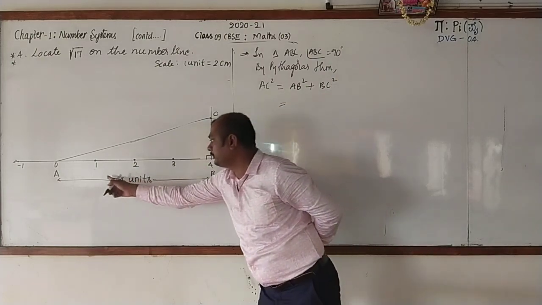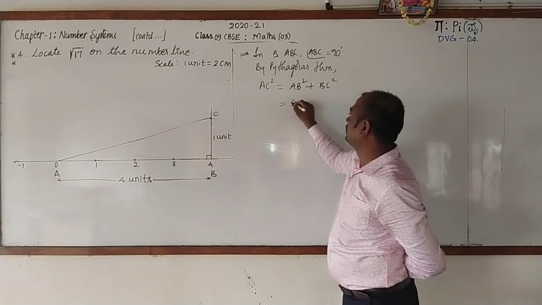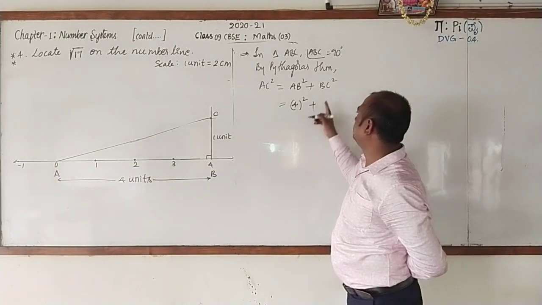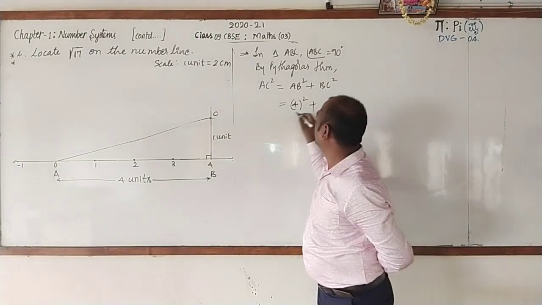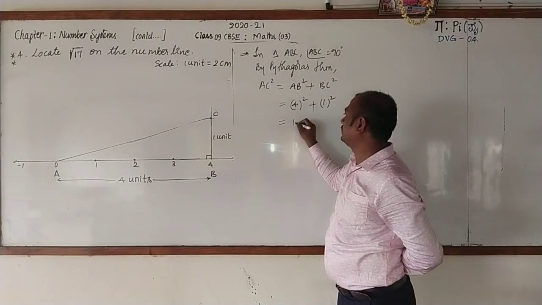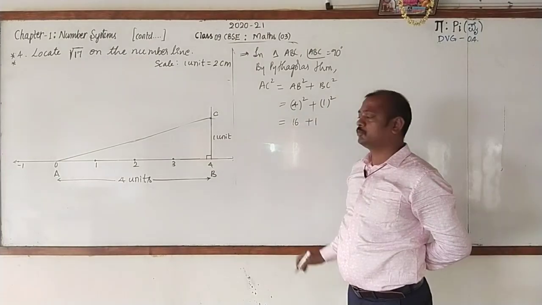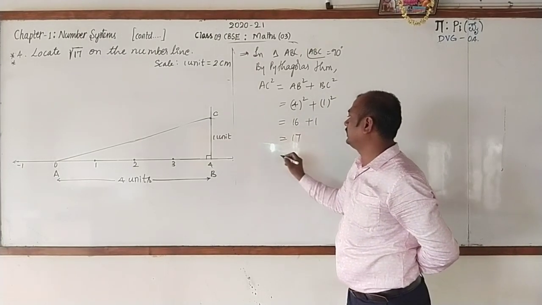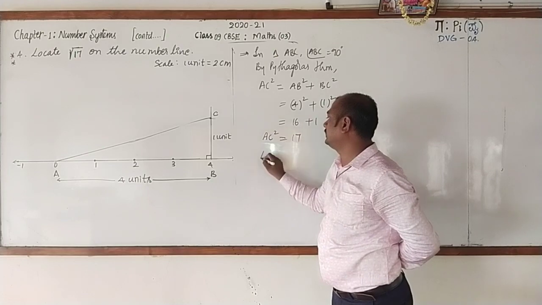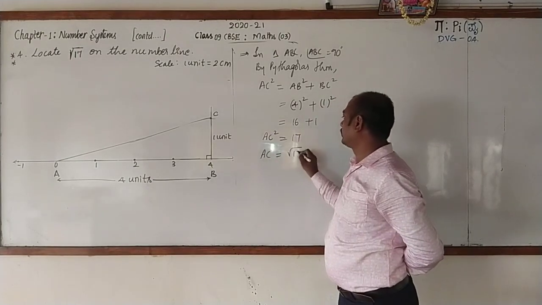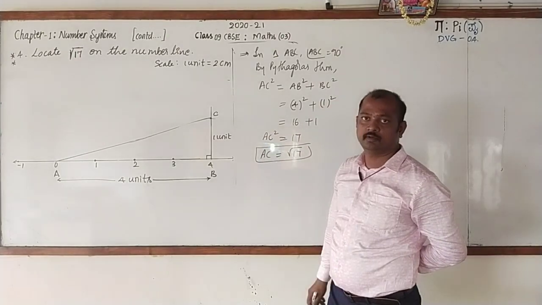What is AB? It is 4 units, 4 square, plus BC 1 unit. What is 4 square? 16. 1 square 1. 16 plus 1, 17. AC square equal to 17. AC equal to root 17.